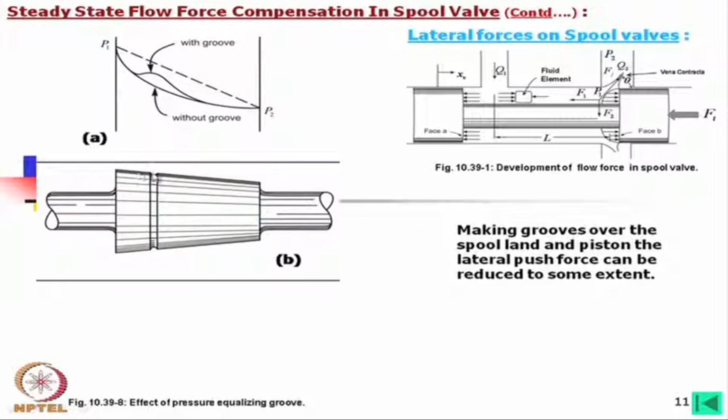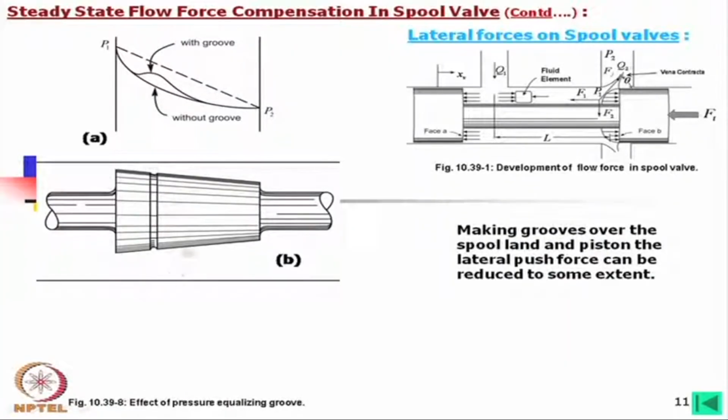Say if there is no such groove, but keep in mind this passage we are looking into is much smaller. In real sense, it is a capillary passage, because the sleeve and the spool are a very close fit.